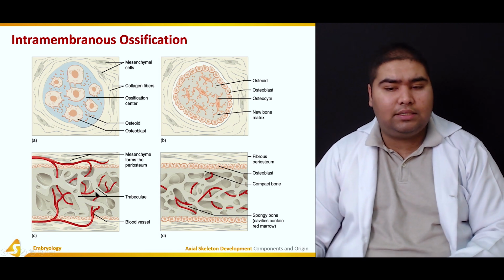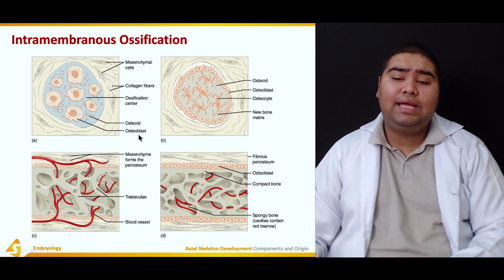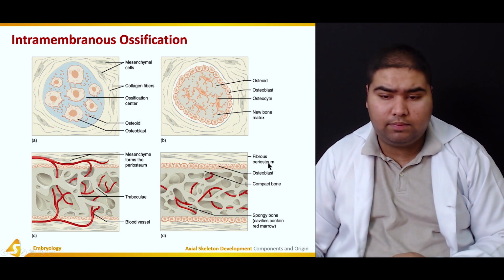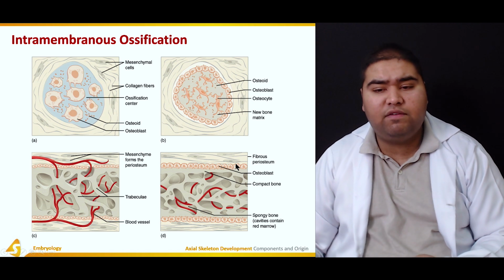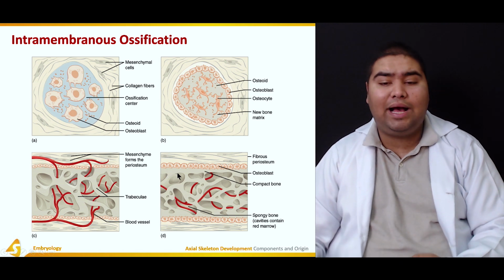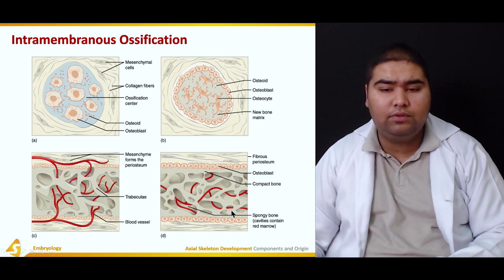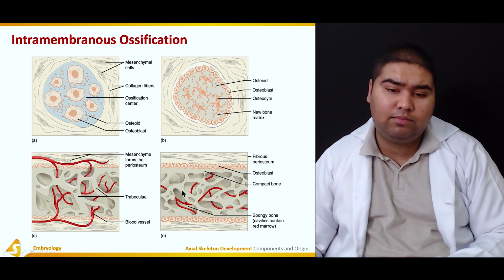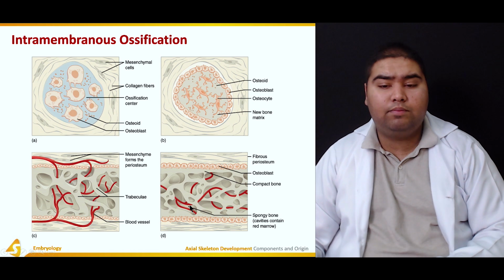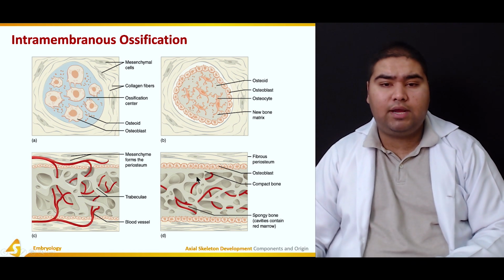The blood vessels enter the trabeculae. In the last, the fourth step, the fibrous periosteum is formed. The osteoblasts now form compact bone outside the trabeculated bone. The spongy bone or the trabeculated bone is inside, and the blood vessels now form the red bone marrow.